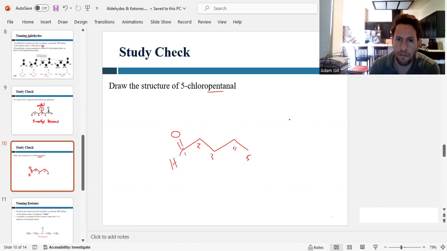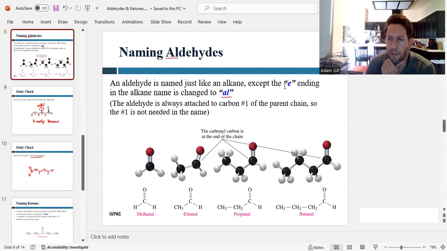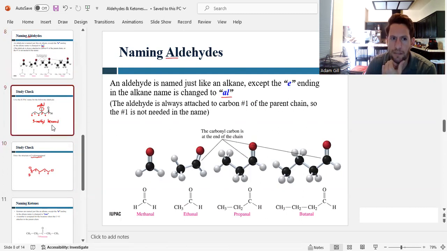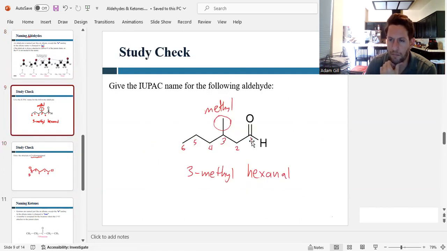And then coming off of carbon 5, there is a chloro group. So stick a chlorine there off carbon 5, and we're done. So once again, name it just like you would an alkane, but turn the E into AL for aldehyde. And when you're numbering these, the aldehyde is always number 1, but we don't have to include the number 1 in the name.